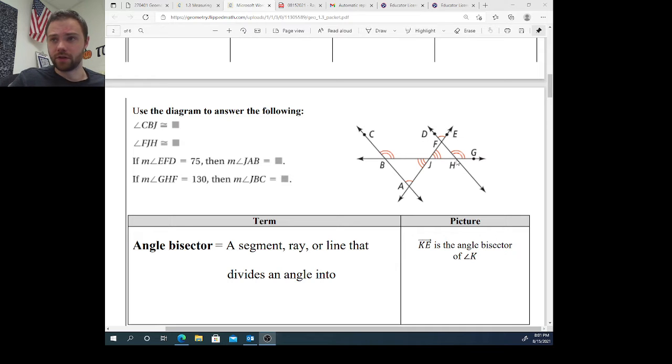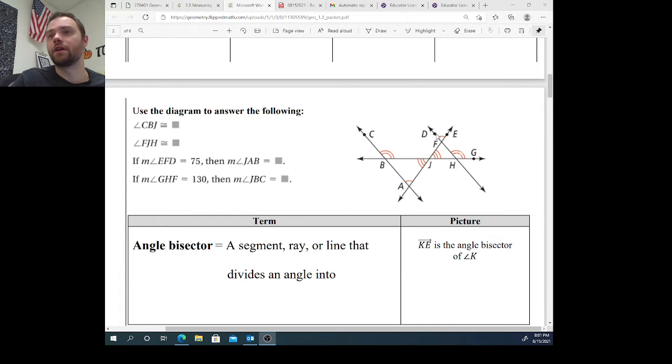It's really confusing whenever a vertex has more than one angle that it's forming, okay? So this vertex has several angles forming. So the way that we kind of distinguish that is to pick 3 points and label that angle. So this is GHF, this part of the angle. DFE is this part of the angle, okay?